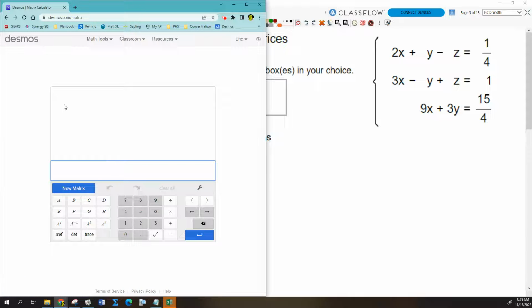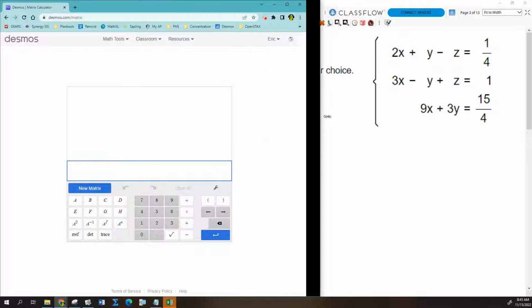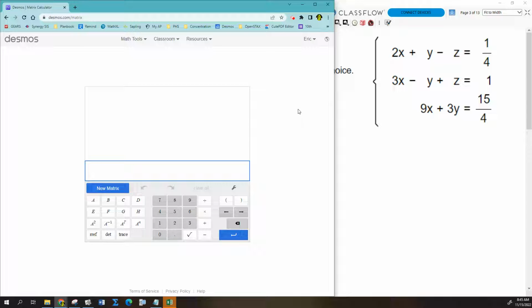So everybody pop up that matrix calculator, please. And we'll go through this together. Give me thumbs up when you're there, when you got the matrix calculator. And again, just Desmos. If you Google Desmos matrix, that would get you there too, I'm sure.